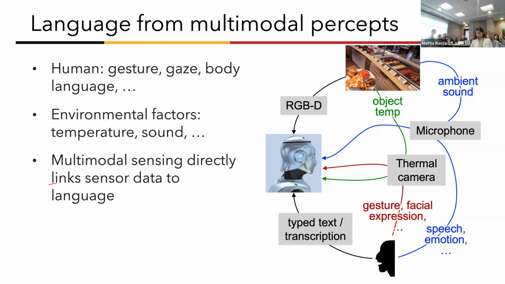So if I say, for example, could you hand me my coffee cup? Or if I say to a robot, could you hand me my coffee cup? You can imagine a situation where a thermal sensor actually makes it easier to figure out which of the objects in the environment is hot, which might be a sign that that's the coffee you're looking for. And that can help differentiate between different things in the world.